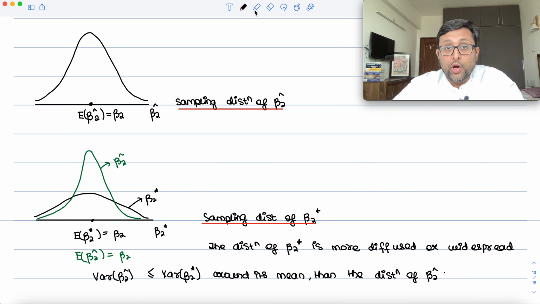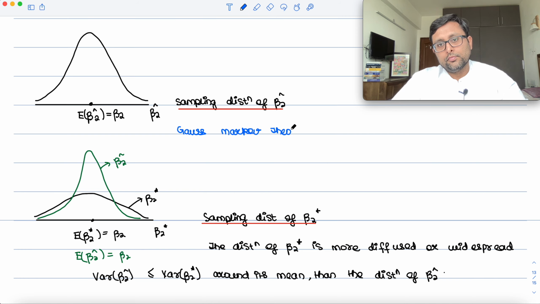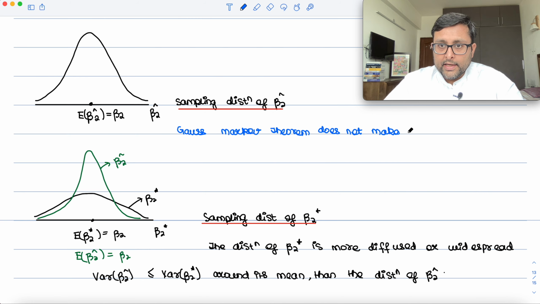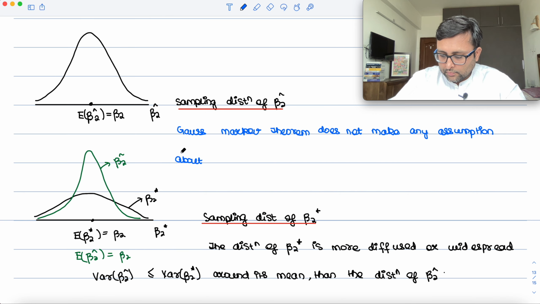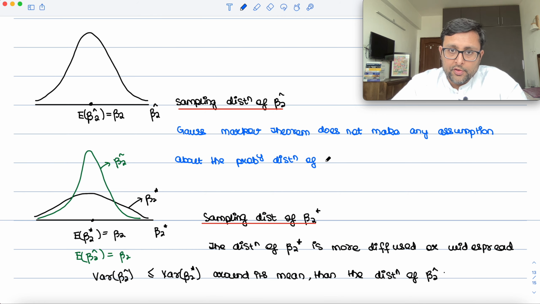Please write somewhere that the Gauss Markov theorem does not make any assumption about the probability distribution of the random variable ui, and therefore yi.